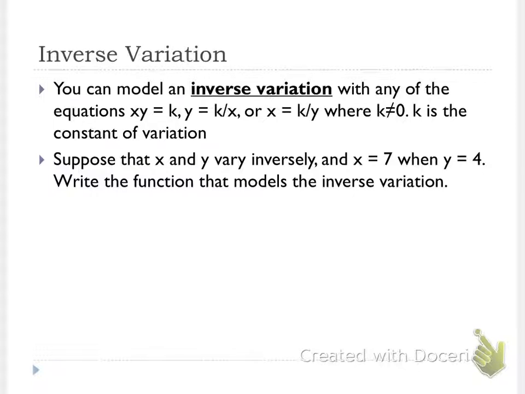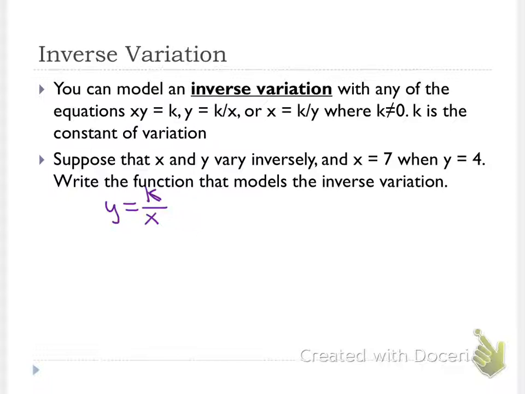So our first example: suppose that x and y vary inversely. So y equals k over x. That's what we know about inverse variation. x equals 7 when y equals 4. It wants us to write the equation with k filled in.